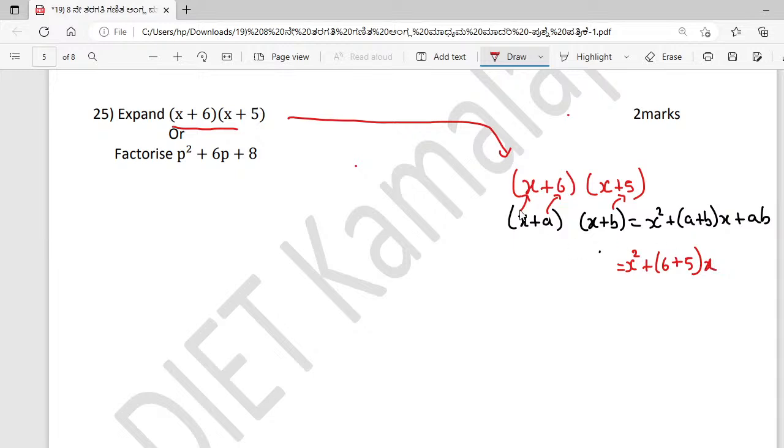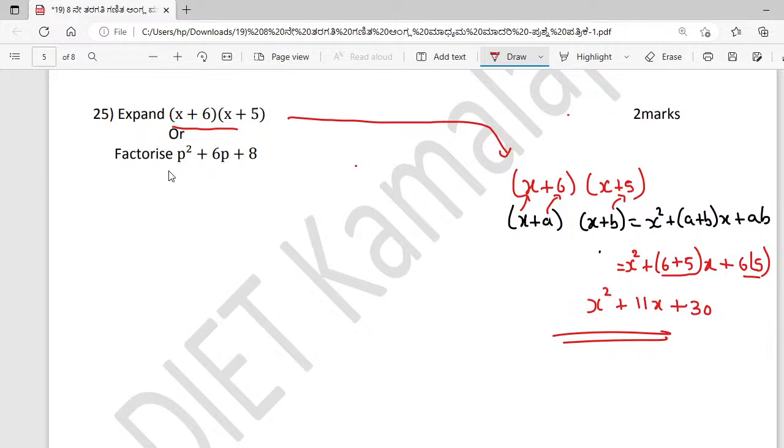In the place of x you can see they gave x only, so we're gonna write down x as it is, plus. Again a value, a is 6, b is 5. So find out the value. X square plus 6 plus 5 will give you 11, and this 11 into x will be 11x, plus 6 into 5 is 30, and that's it from the fifth descriptive.